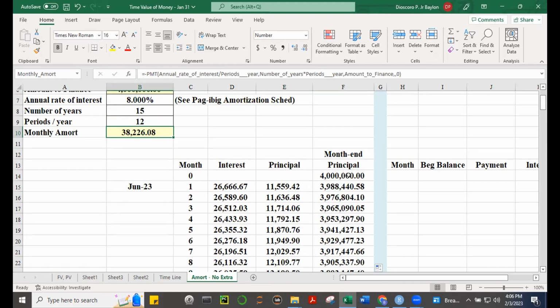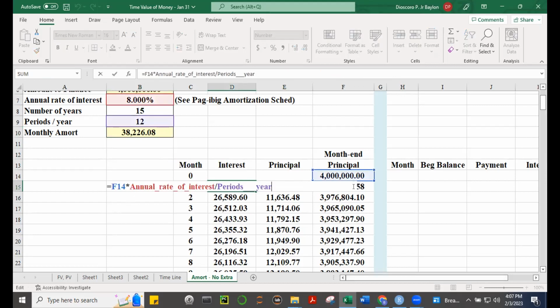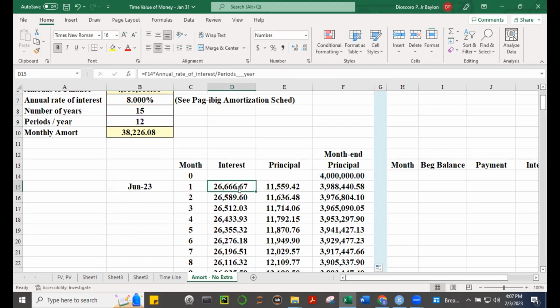Whatever your previous month-end balance is, principal balance, will be subjected to the interest of 8% divided by 12. Why divide by 12? Because this is monthly interest. So if you take a look at the interest here, it is the previous principal balance multiplied by the annual interest divided by the periods per year here, right? So that's your interest payment for month 1.